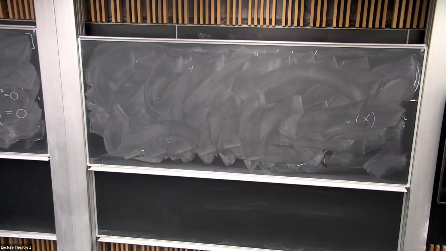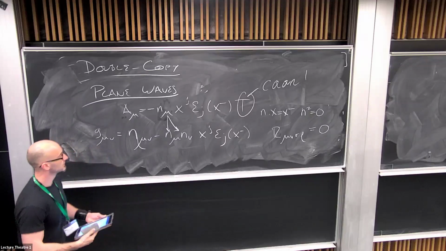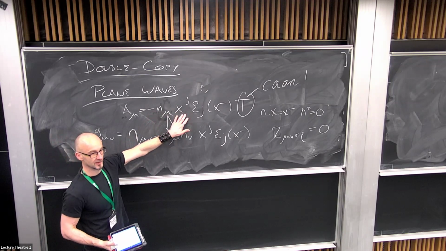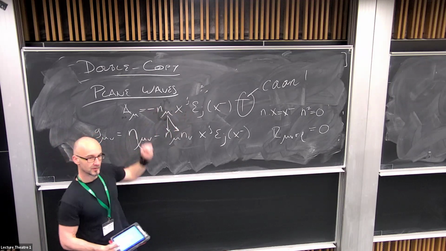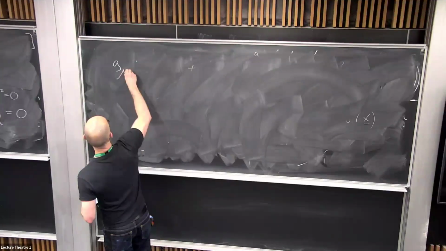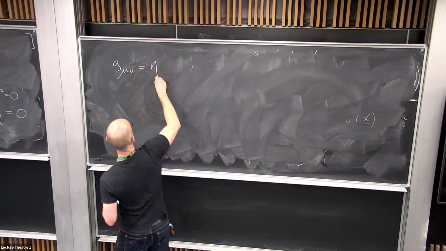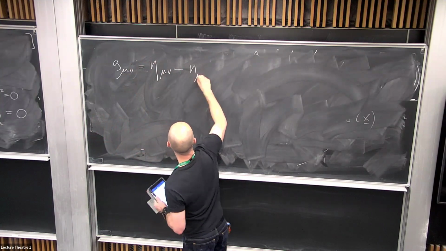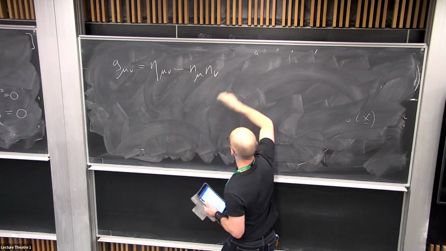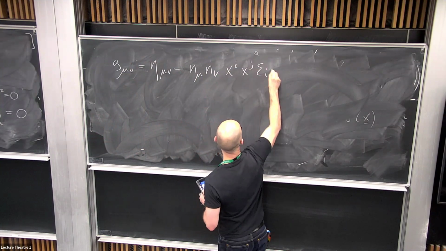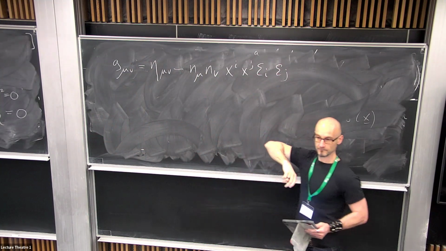Okay, so what else could I do? Well, what I call n and what I call the function in front of n is completely ambiguous. I can mix these 2 things up as much as I like. So let's try instead: I take 2 copies of n and I take 2 copies of that function. Like that.